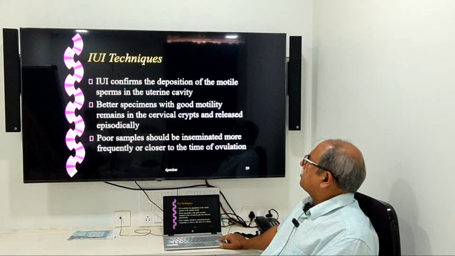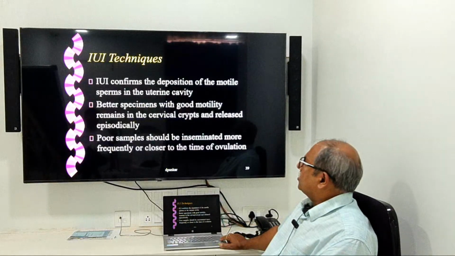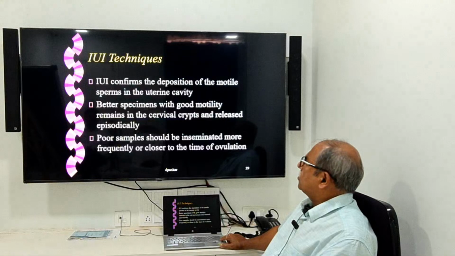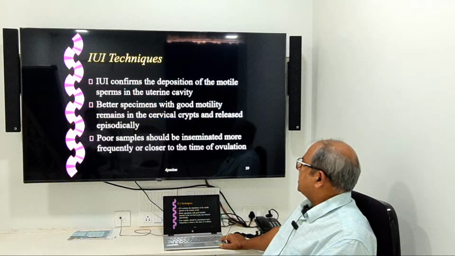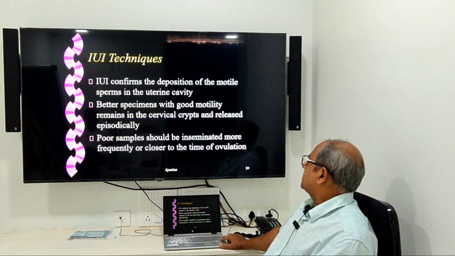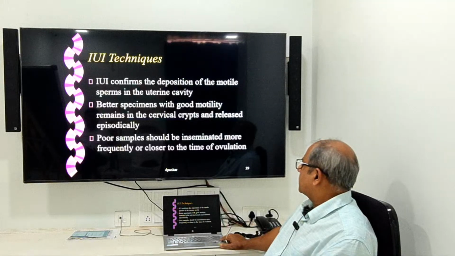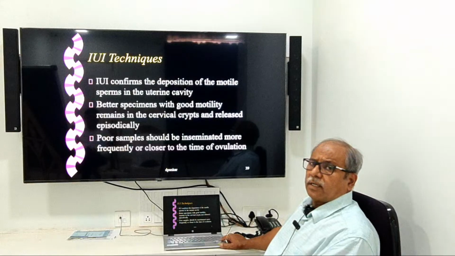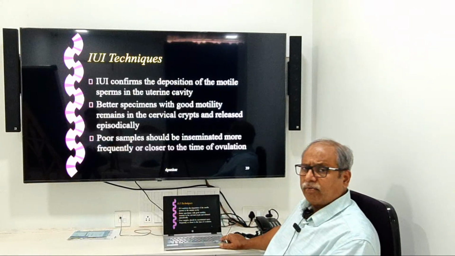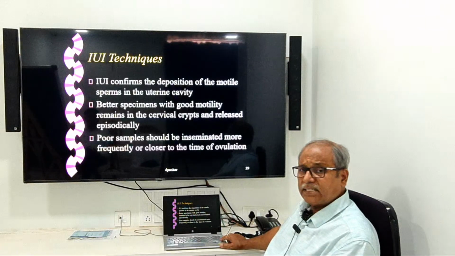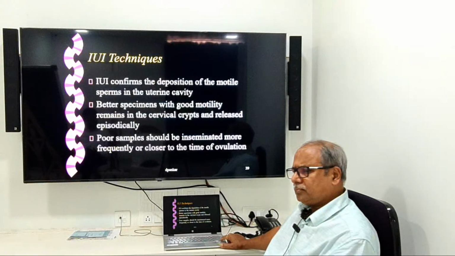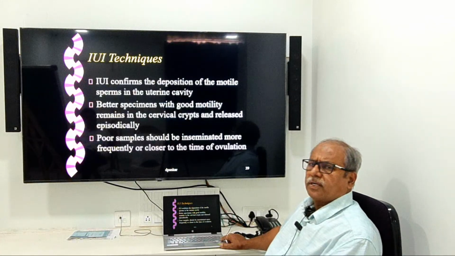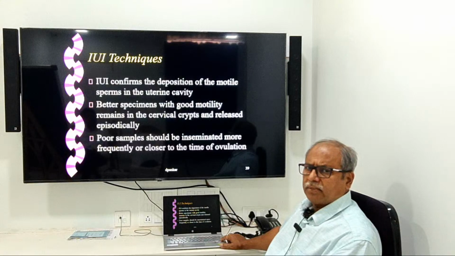The technique is, it places the motile sperm into the uterine cavity. Better specimens with good motility remain in the cervical crypts and are released episodically. Poor samples should be inseminated more frequently or closer to the time of ovulation. It is better to do IUI nearer to ovulation. If you give HCG as a trigger, ovulation may take place after 42 hours.